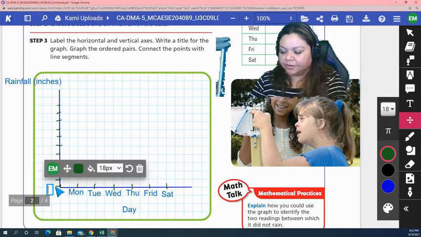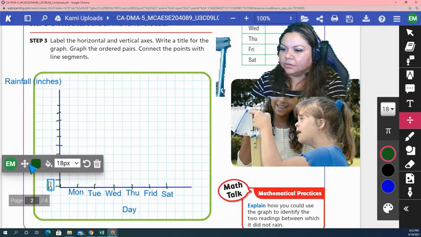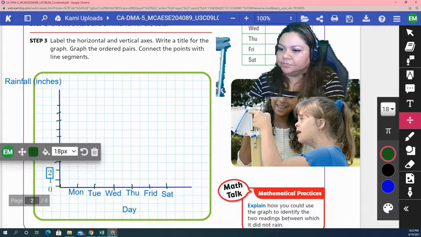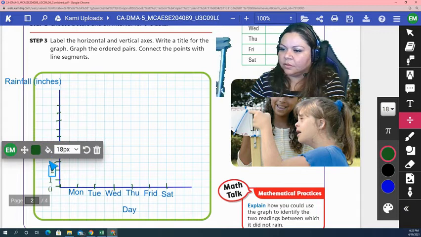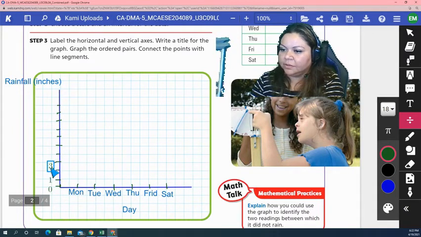here. So we have 0, 1, 2, and this takes a little bit of time in Cami.